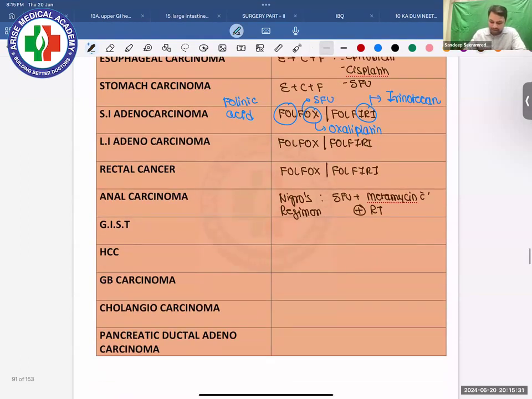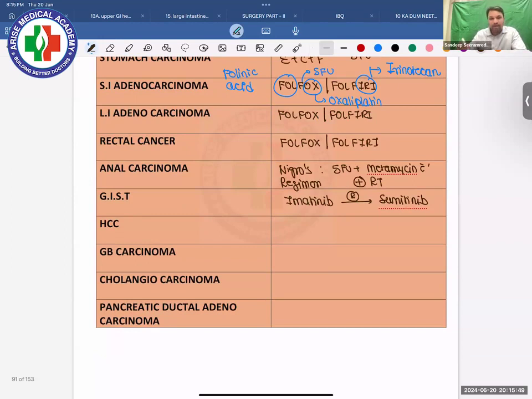Gastrointestinal stromal tumor, we say imatinib. If it is resistant to imatinib, then it is sunitinib.